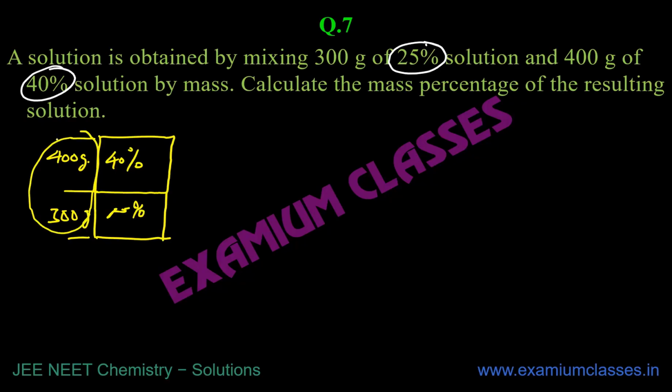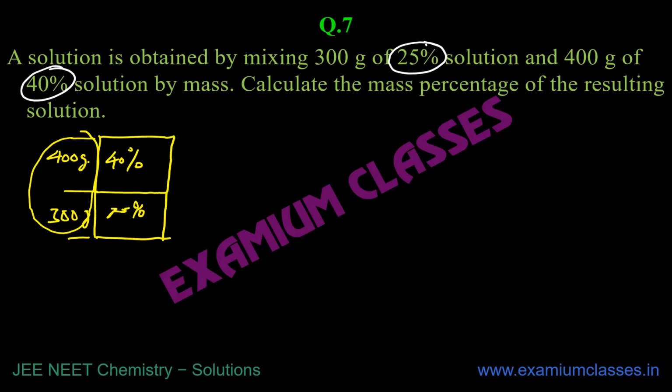If you can calculate, in this total of 700 grams, how many grams this 25% is equal to and how many grams this 40% is equal to, then you will be able to get the mass percent, because mass percent is mass of solute divided by mass of solution into 100.